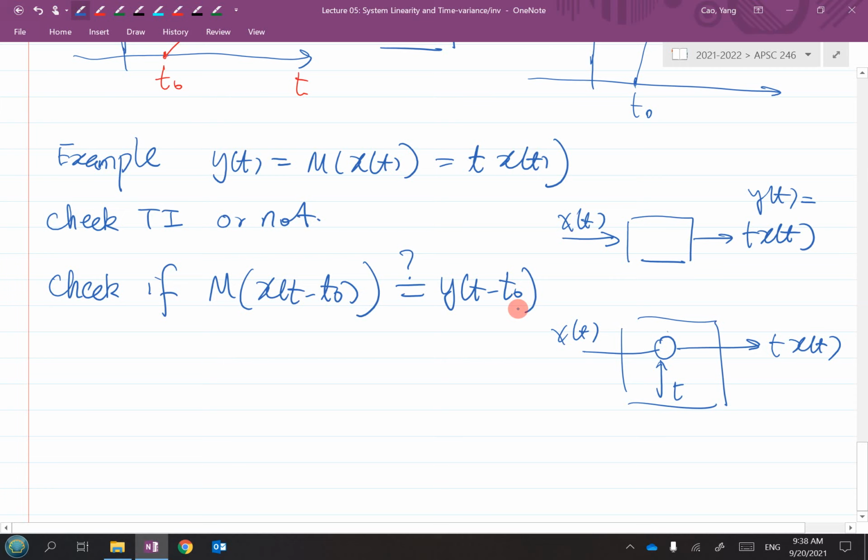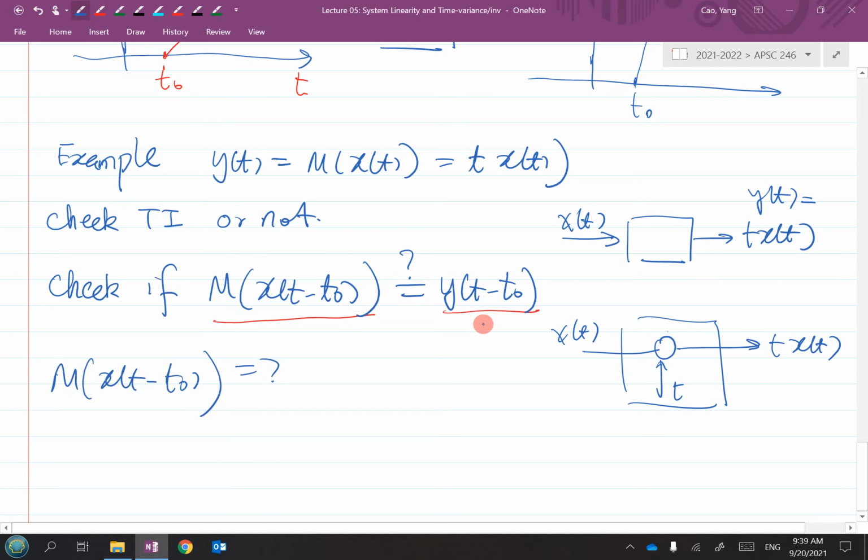Okay. So again, don't take it for granted that this is equal from the beginning. You need to find what is the left side, what is the right side, then you compare and make a conclusion. So let's take a look at, in this case, what is m of x of t minus t naught first. And then we'll look at what is y of t minus t naught.